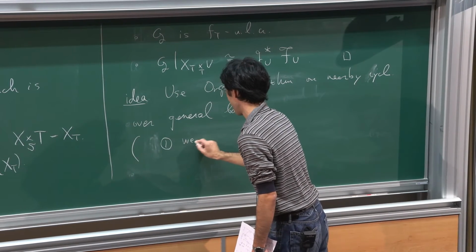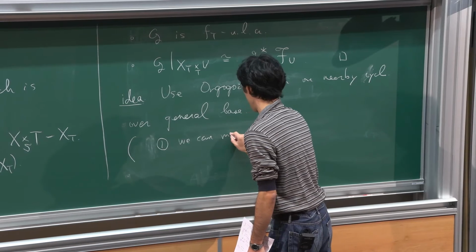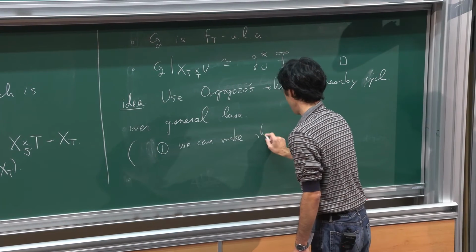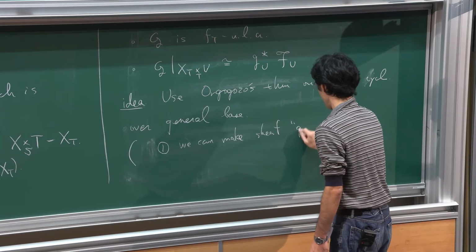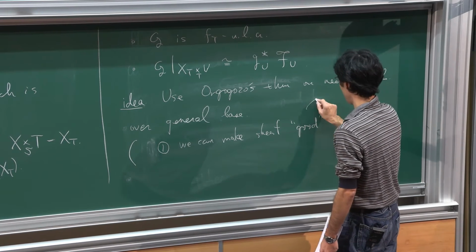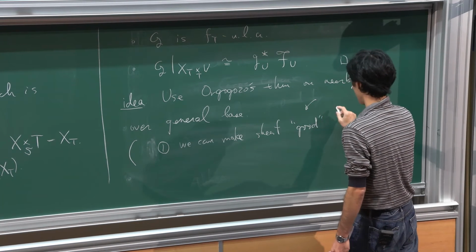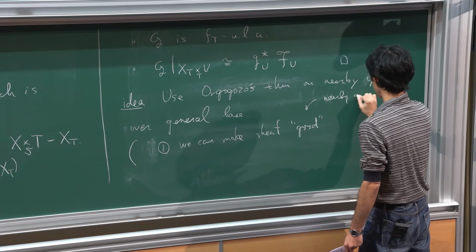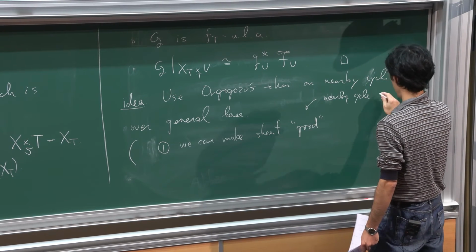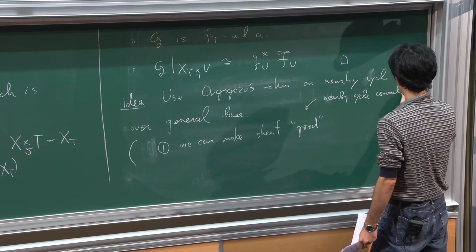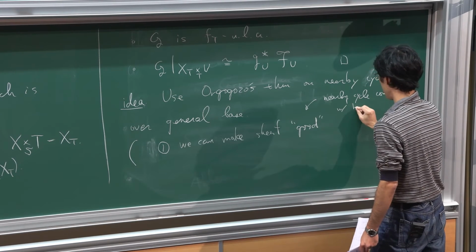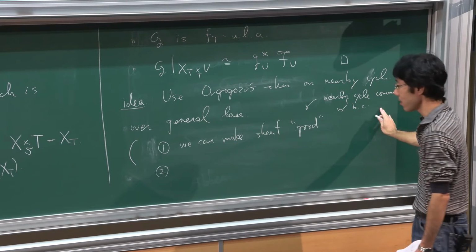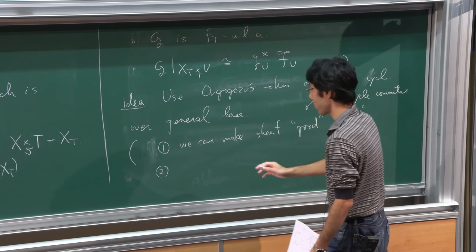we can make the sheaf good. Good means that nearby cycle commutes with base change. And secondly, under this condition, nearby cycle is constructible.